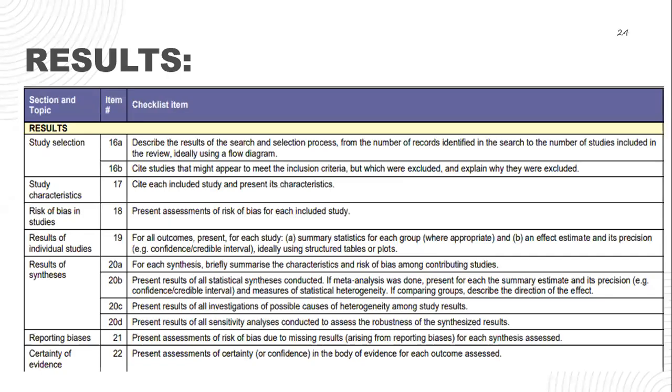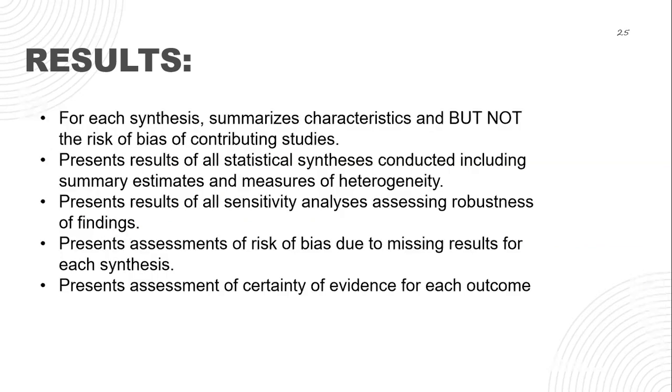So in the result section, according to the PRISMA checklist, we look for study selection, study characteristics, risk of bias in studies, results of individual studies, results of synthesis, reporting bias, and certainty of evidence.